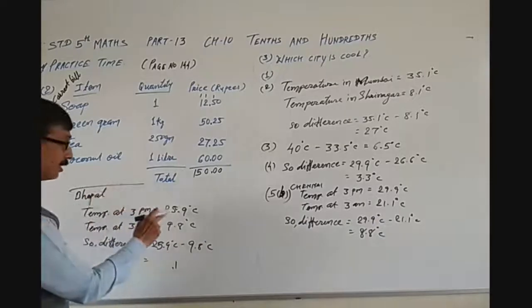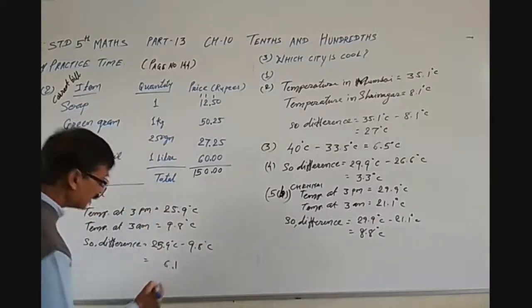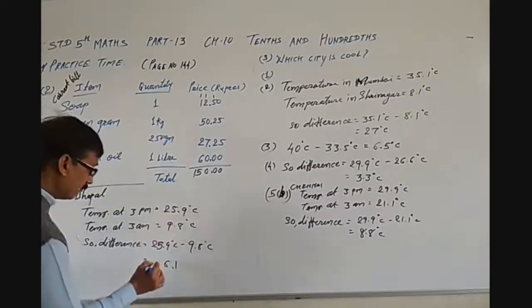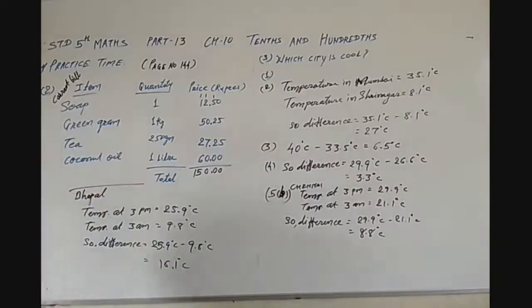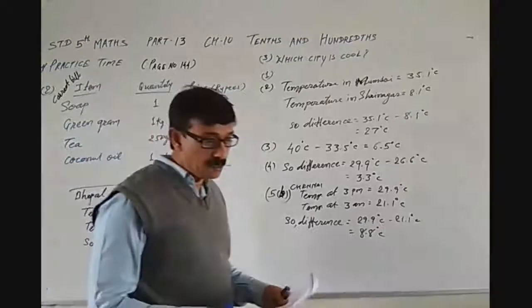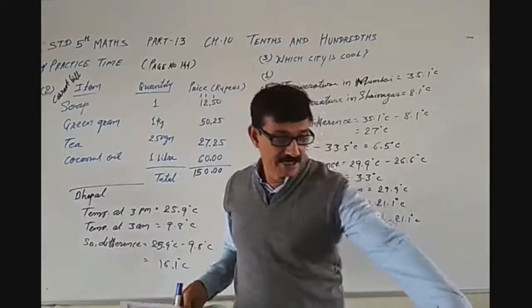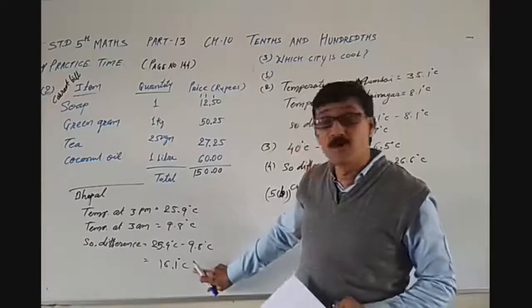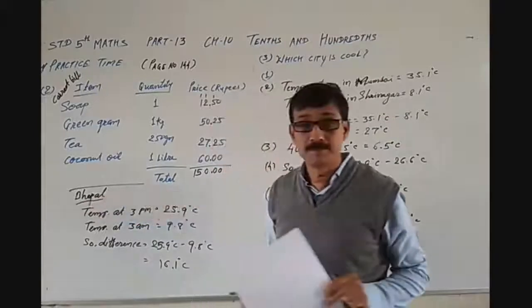So take 10 from here. So 15 minus 9 is 6, and here 1 is there. 16.1 degrees Celsius. So once again you should answer the difference between the temperature at 3 p.m. and 3 a.m. is 16.1 degrees Celsius in Bhopal.